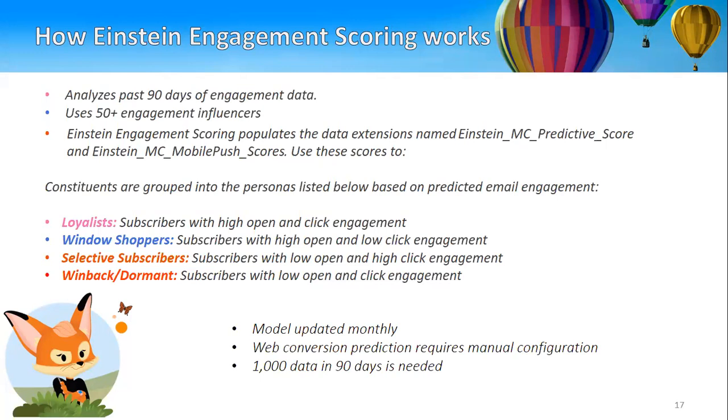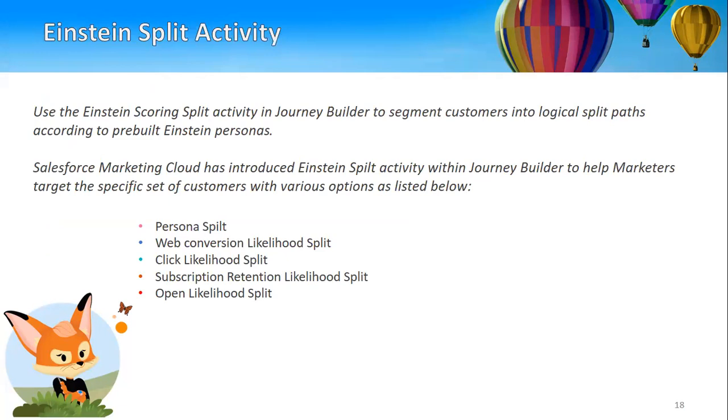Then as we are discussing this Einstein engagement scoring, the result of this can be used in Journey Builder, wherein we have one particular activity, the Einstein scoring split activity, which is used to segment customers into logical split paths according to the pre-built Einstein personas.